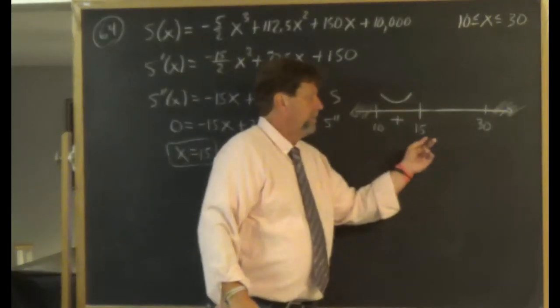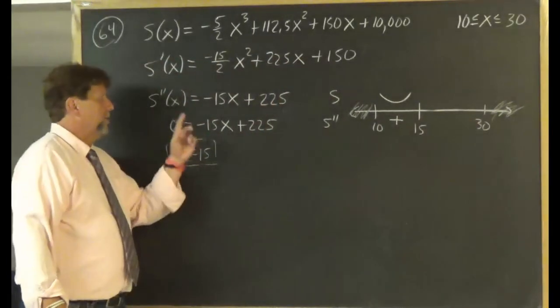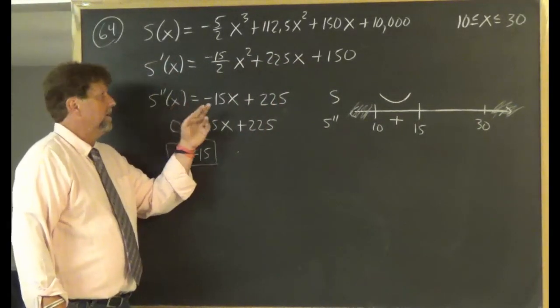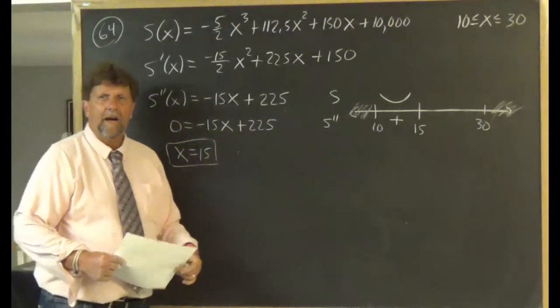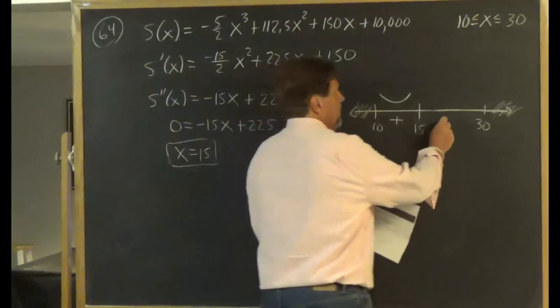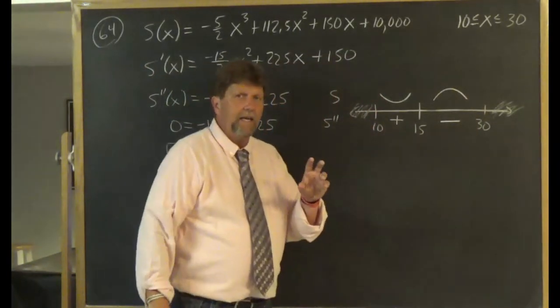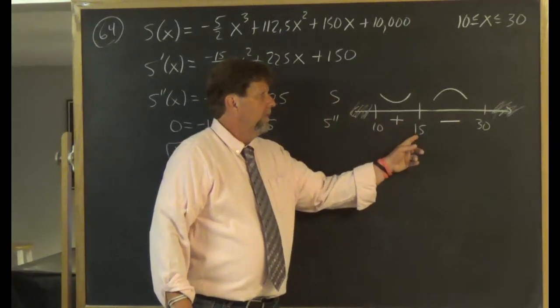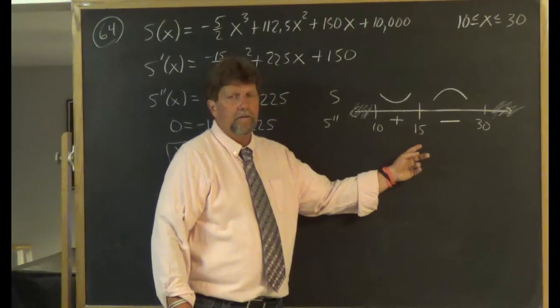In the next interval, I can pick any number I'd like, probably 16. Evaluate the second derivative at 16: negative 15 times 16 plus 225. That will be a negative number. So I do see concavity switches at an x value of 15.